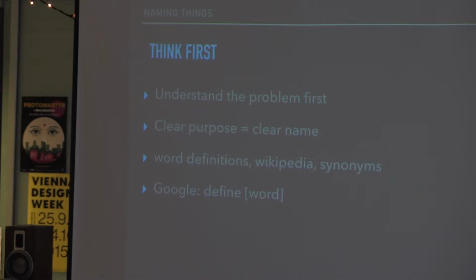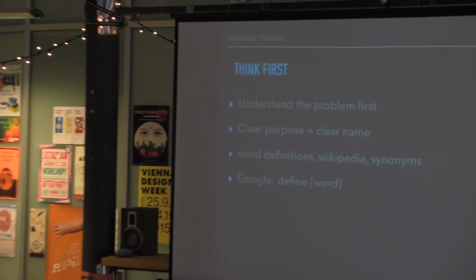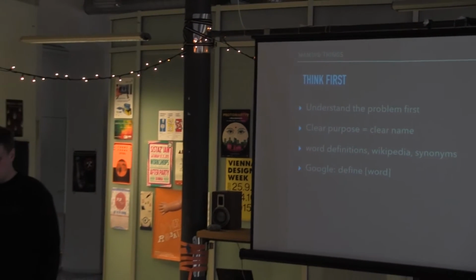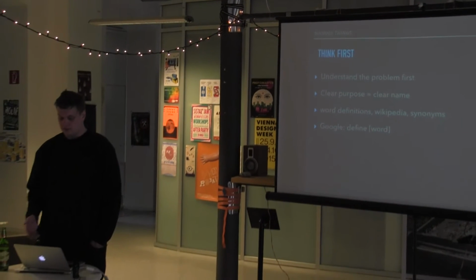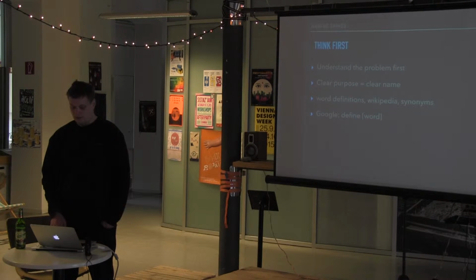You can use word definitions and Wikipedia to get a sense if a word is appropriate for something, and you can also use synonyms to find similar words that may be more important. One Google trick is that you can Google "define word", and you can find the definition of the word on Google, so you see if it's appropriate for your use case.